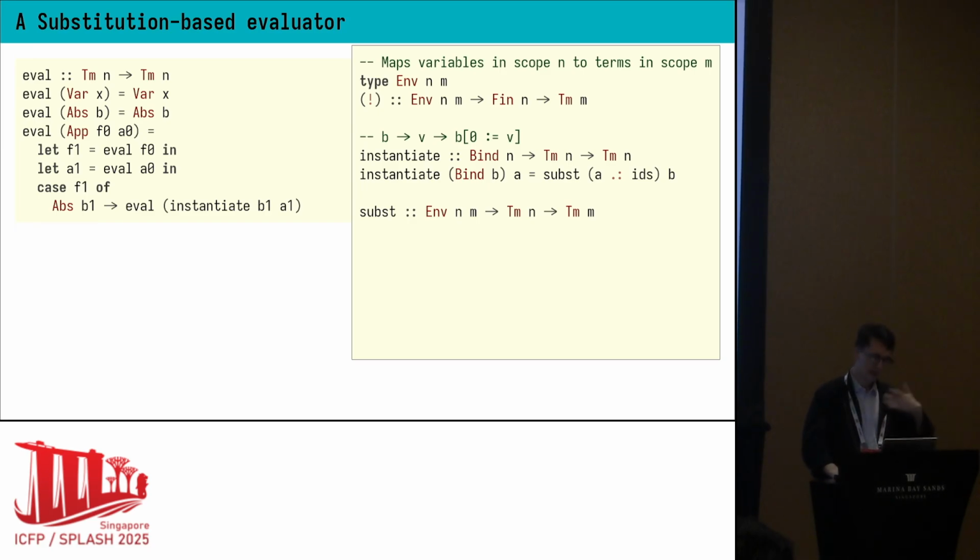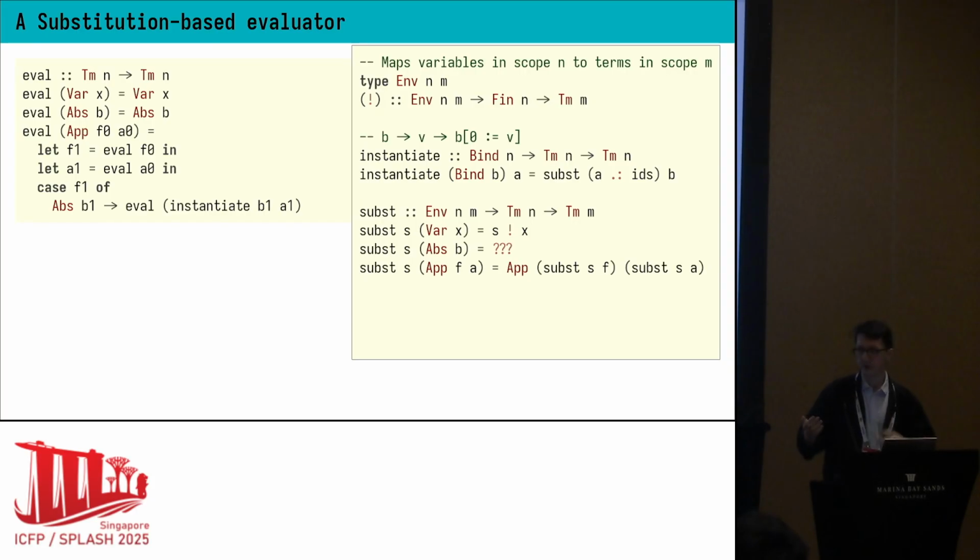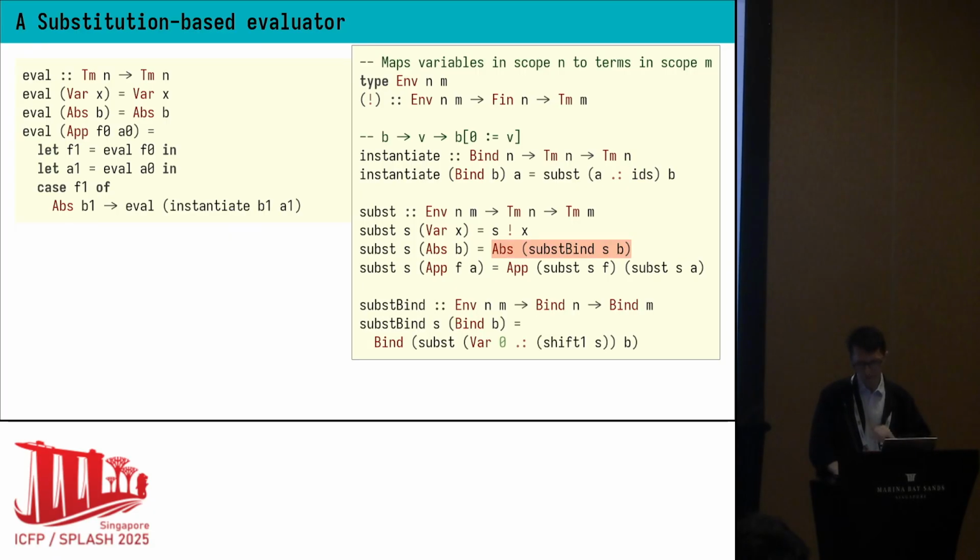So of course now I need to implement the substitution function, but this one is easy. Whenever we have a variable, we just replace it by whatever is in the environment. When we have an application, we apply it recursively. And in the final case for the abstraction, it is slightly more complicated, but not much.